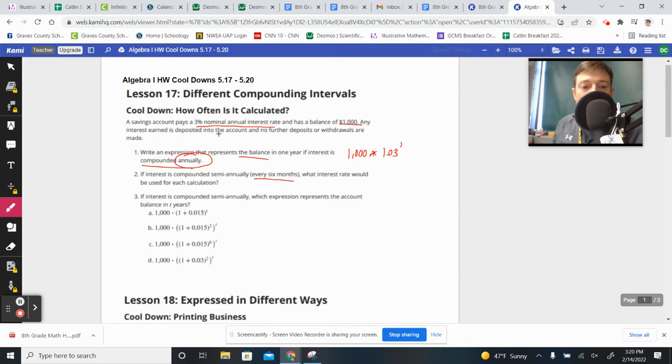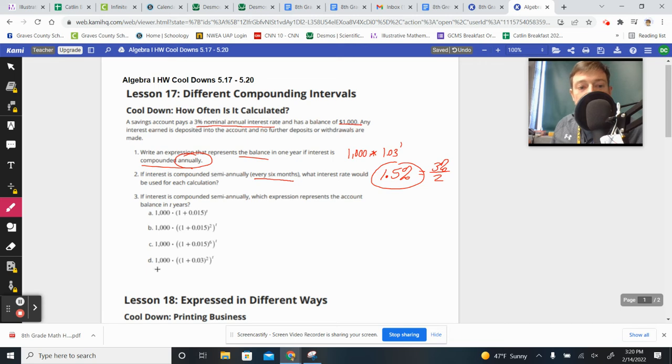Now, we're not going to do 3% twice. It's 3% annual, but we're going to break that 3% up into two 1.5% sections. So the interest rate that we would use for our calculation would be 1.5% because that's equal to the 3% split up amongst the two compounds. That's the percentage that we're going to be using.